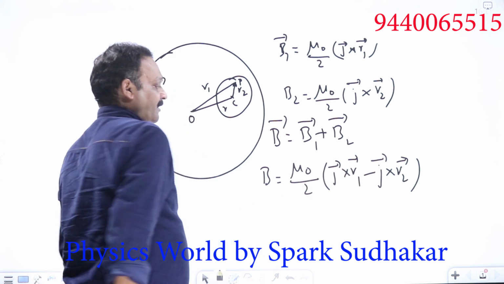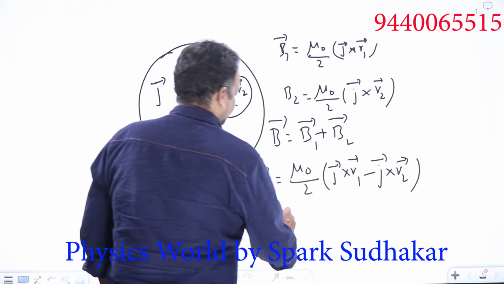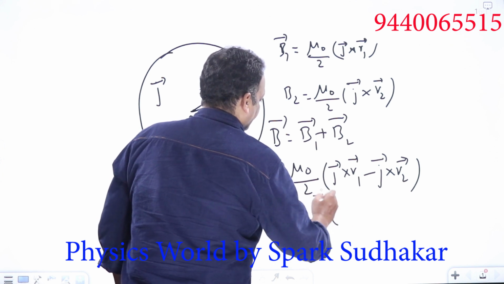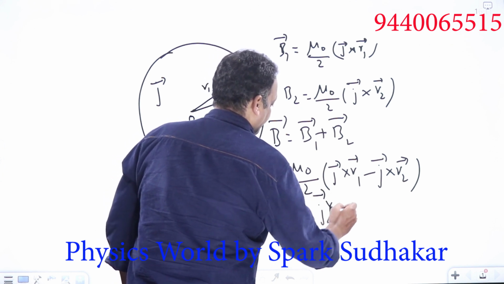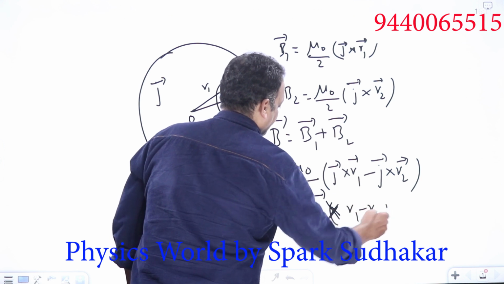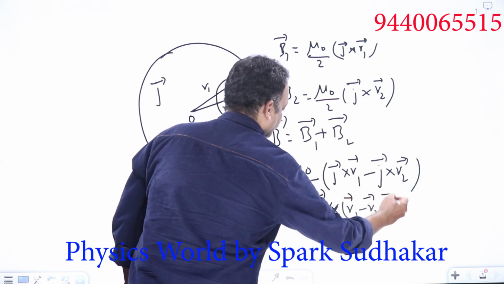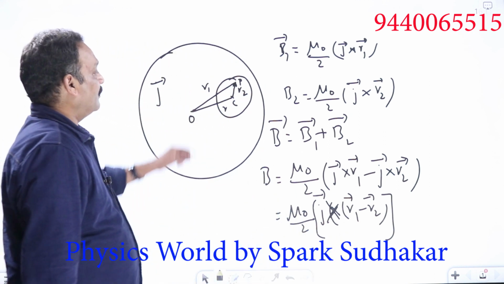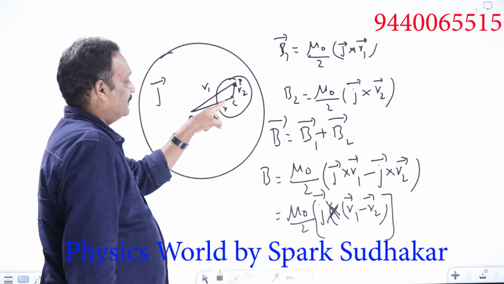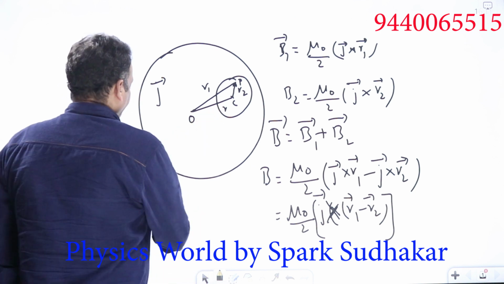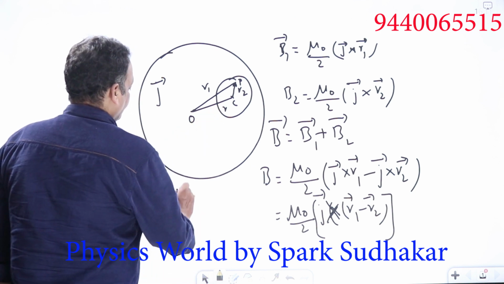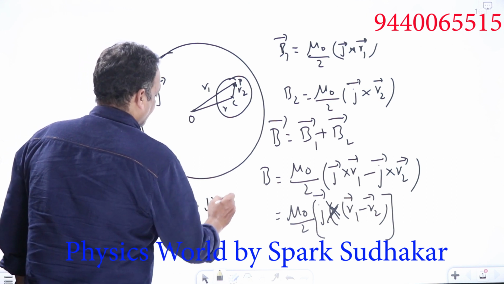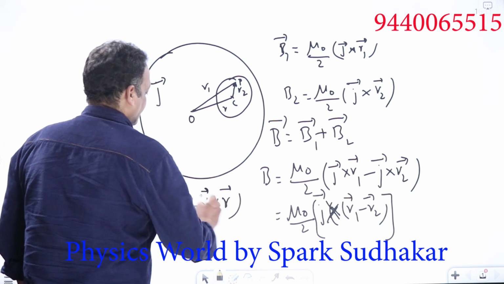J is constant everywhere, so I can write this as mu naught by 2, taking J out, J bar cross R1 bar minus R2 bar. What is R1 bar minus R2 bar? Nothing but R bar. So B equals mu naught by 2 J bar cross R bar.